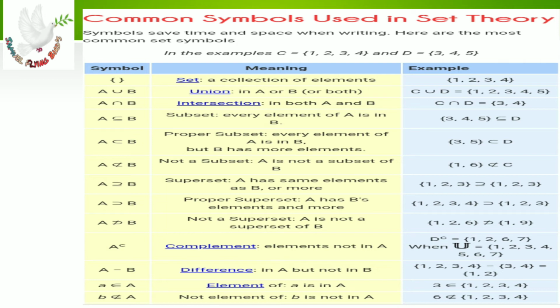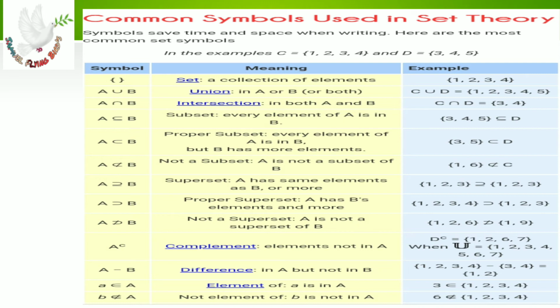A complement can be written as A with an uppercase C. Complement means elements not in A. Suppose, for example, D complement is written as {1, 2, 6, 7}, when the union is 1, 2, 3, 4, 5, 6, 7 as given, but the complement of D is {1, 2, 6, 7}.